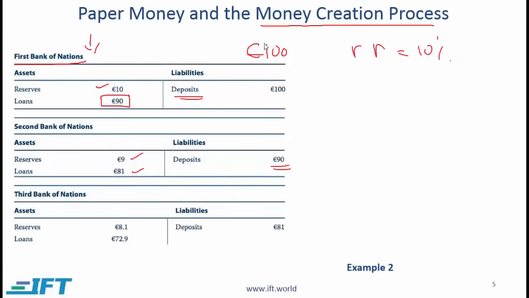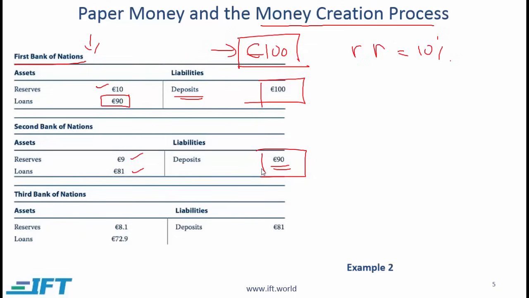So notice that with an initial deposit of 100, this was the initial amount of money. But because of the fractional reserve system, the actual amount of money in the economy is much more. That is because if you ask the first customer how much money he has, he will say he has 100. The second customer or the second person in this example will say that he has 90, and so on.